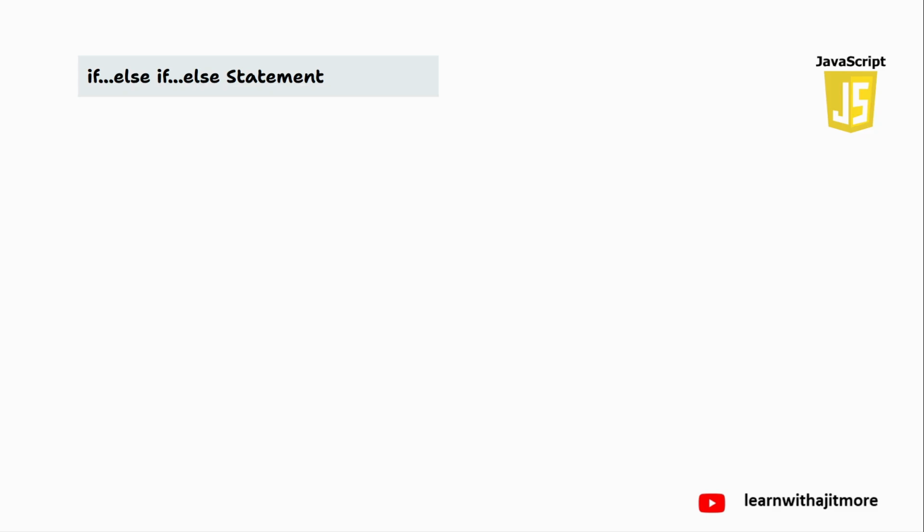Okay. Now, when you have more than two code blocks, and you want to execute any one of them selectively, then obviously you cannot do the selection on the basis of only one condition. Because if one condition is true, one block runs, but if it is false, the second block runs. Getting it?